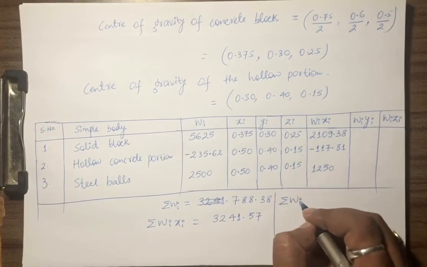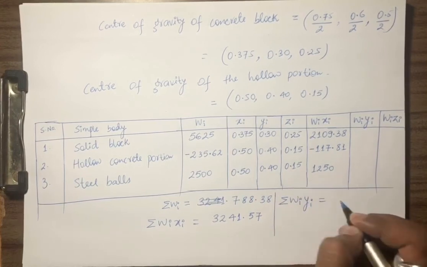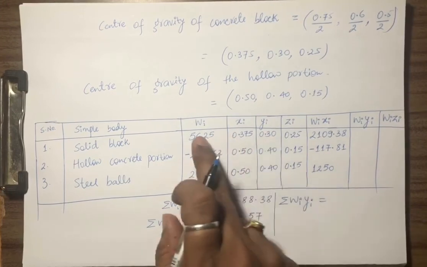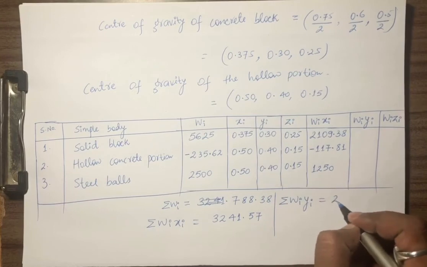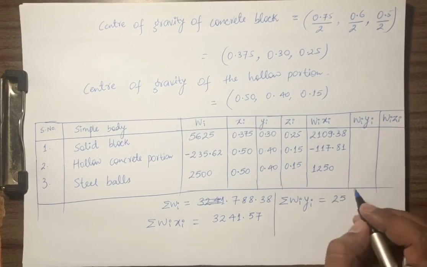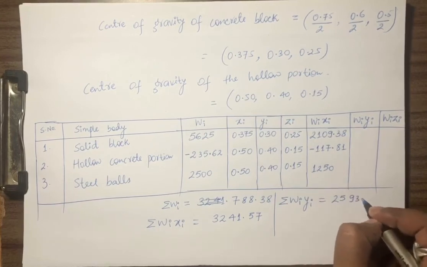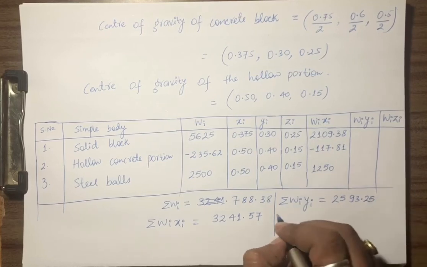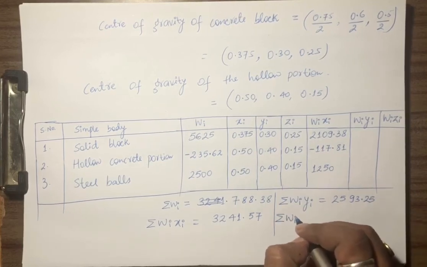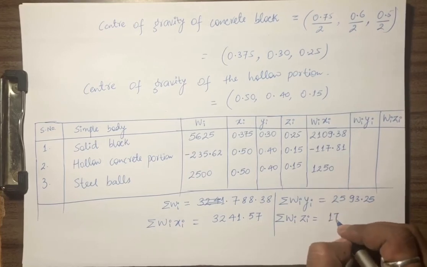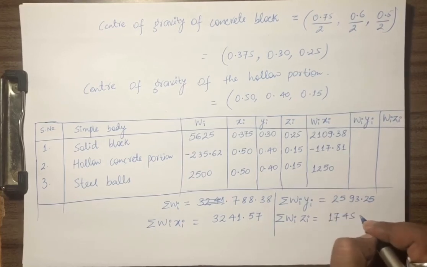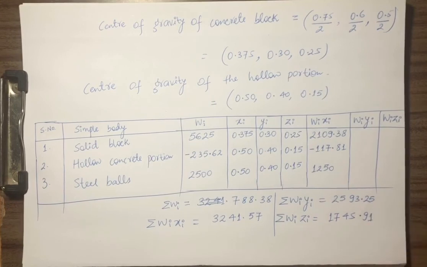Summation Wi Yi, just multiply these values, I am directly writing here, is 2593.25, and summation Wi Zi is coming out to be 1745.91.